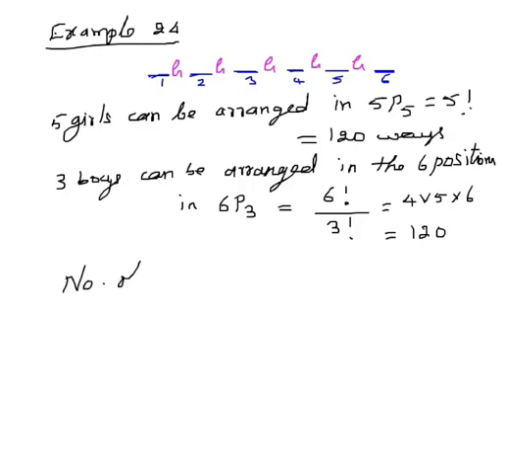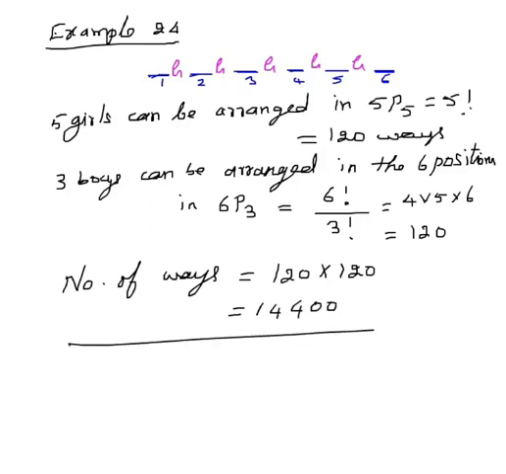Therefore, number of ways is equal to 120 times 120, which is 14400. This is an important question. Put a star in the textbook.